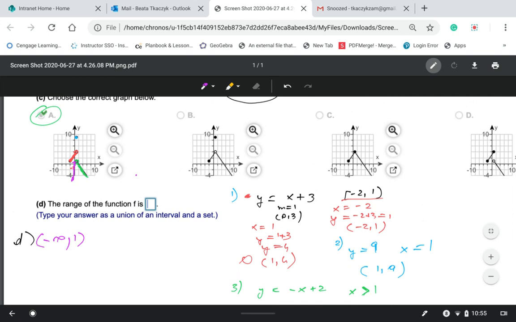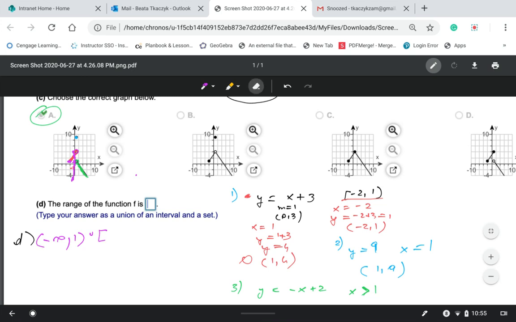Then, actually, look what happened. For this point, which was negative 2 comma 1, it's part of the graph. So here we're starting the graph from y equal 1 up to this point right here.